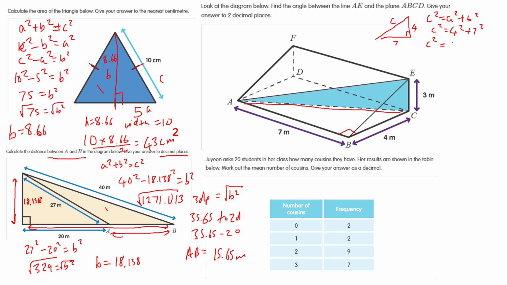So that should be 16 plus 49, that's 65. And you can use a calculator here. So you need to do the square root of 65. So you square root both sides. The square root of 65 is 8.062.